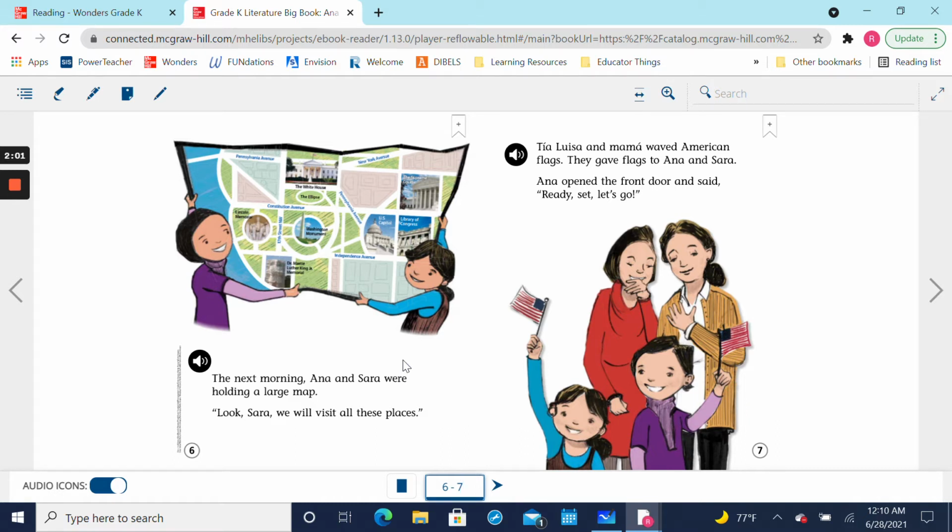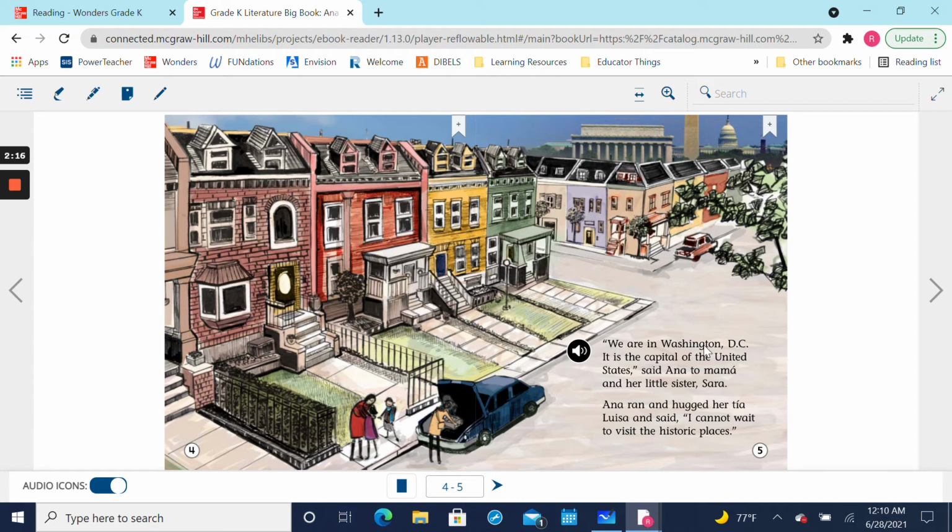So that tells me that the main idea is that the family is going to be looking at different places in Washington, D.C. And if we look at page 5, it tells us that we are in Washington, D.C., the capital of the United States.